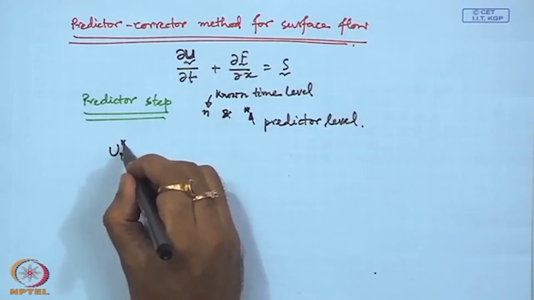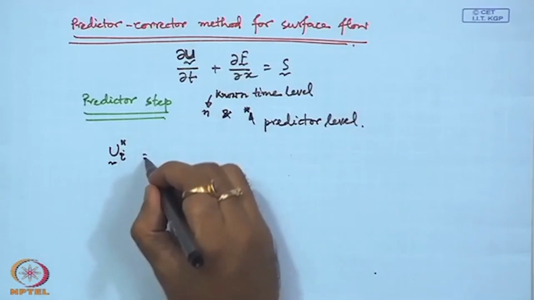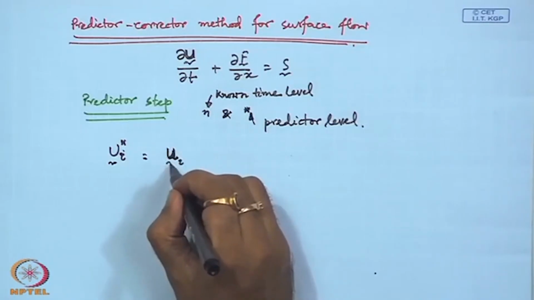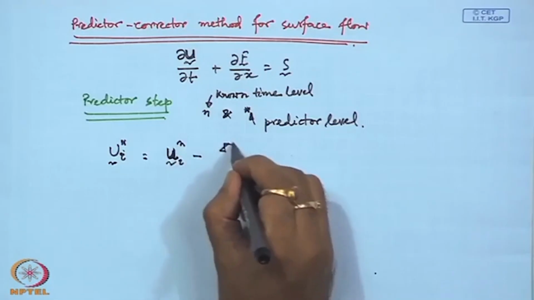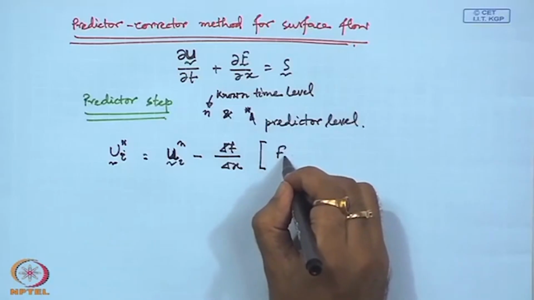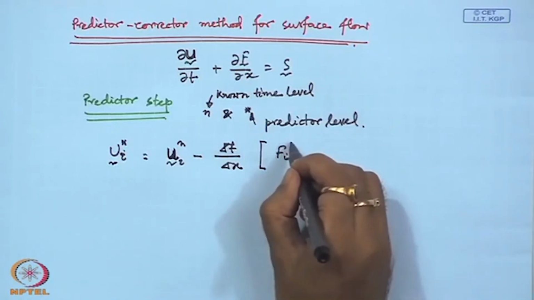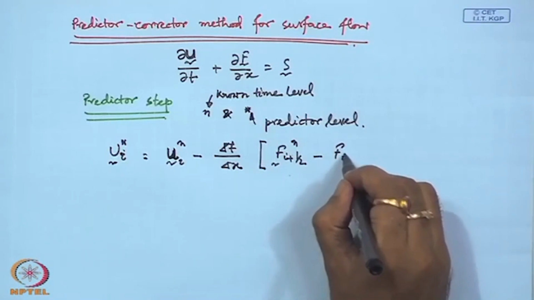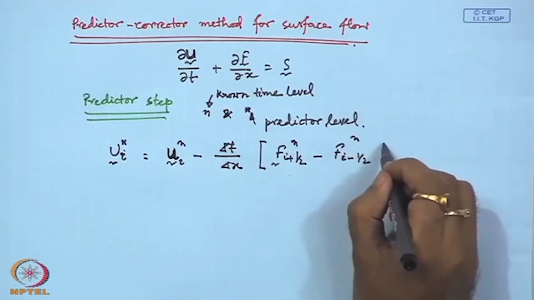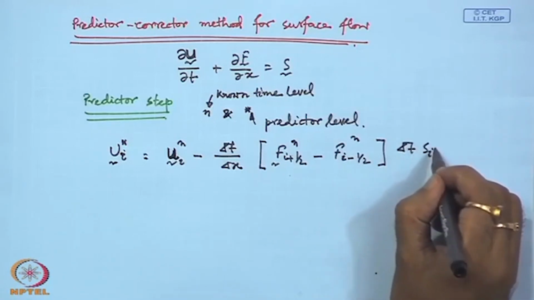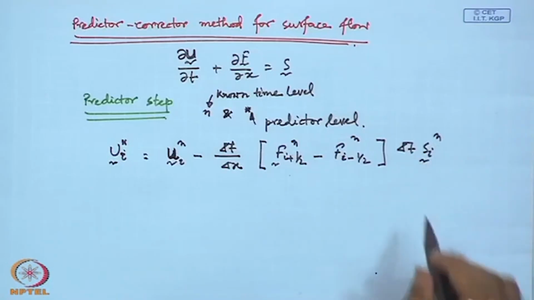So, with these two levels we can write u I star equal to u I n minus del t by del x times f I plus half at nth level minus f I minus half, again at nth level, plus del t S I, also calculated at nth level.